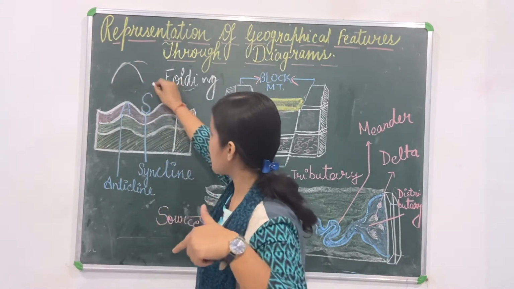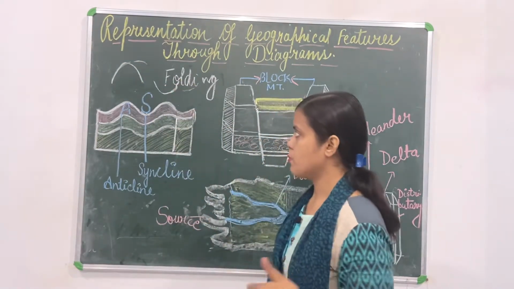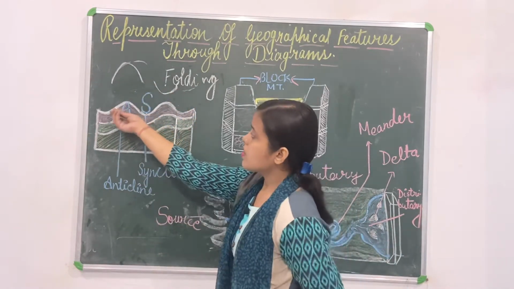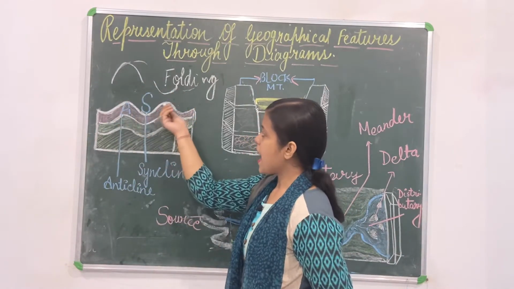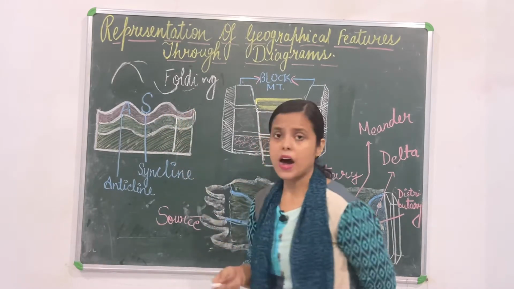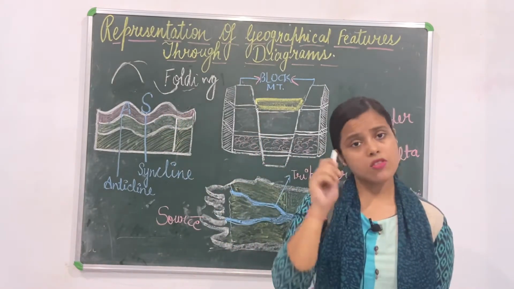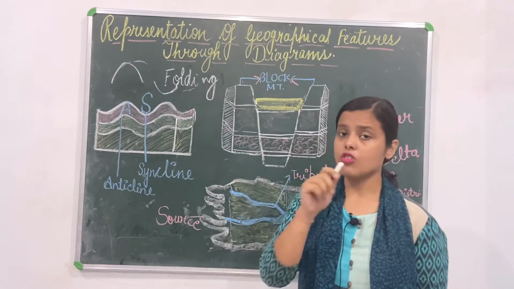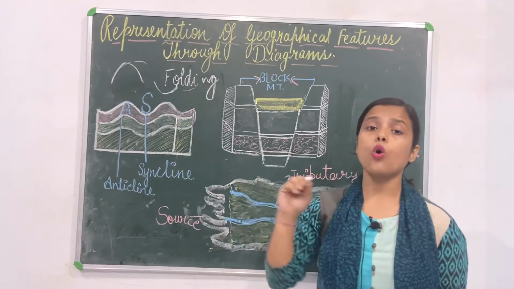This is the upfold part and this is the downfold part, and you can see these two structures over here. The upfold part is known as arch shape and the downfold part is known as trough shape, T-R-O-U-G-H.